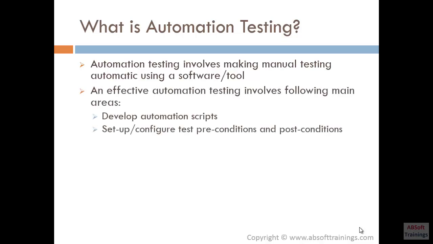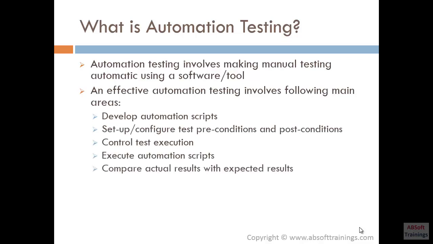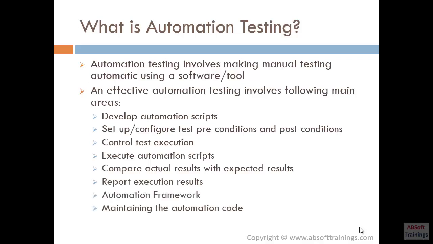So when you talk about automation testing, there are going to be multiple areas. You need to take care of all those areas for effective automation testing. So first thing is you need to identify the test cases to be automated. Let's say you have 100 test cases. In those 100 test cases, you need to see what test cases I can automate and what test cases I cannot automate.